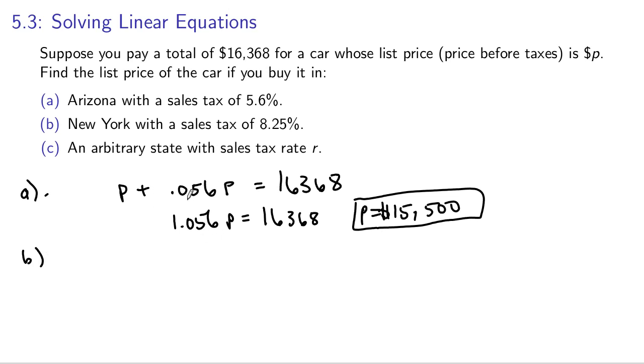Well, the logic we used to set up A is the same for B, just the number is different here. So we'll just write directly what we would have gotten if we had 0.0825 here. 1.0825P is 16,368.